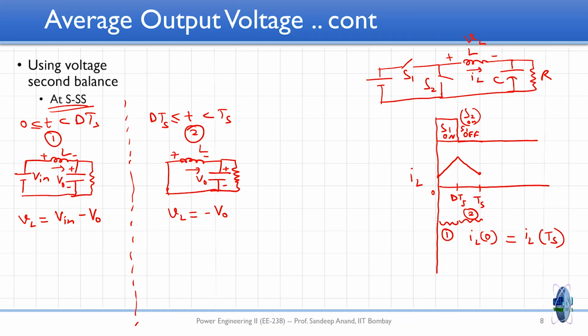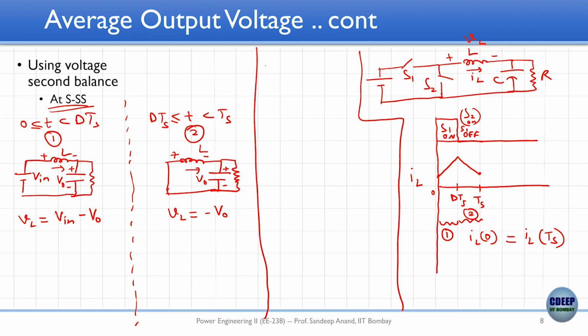Alright. Now, I can apply the volt second balance, which is integral of V dt from 0 to Ts is equal to 0, right.